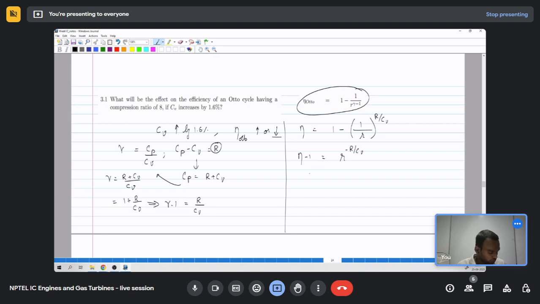Now, we take ln on both sides. We'll have ln of (1 minus eta) equal to minus R by Cv ln of compression ratio r. Now if we differentiate, we will have minus 1 by (1 minus eta) d eta is equal to R by Cv square ln of r dCv.